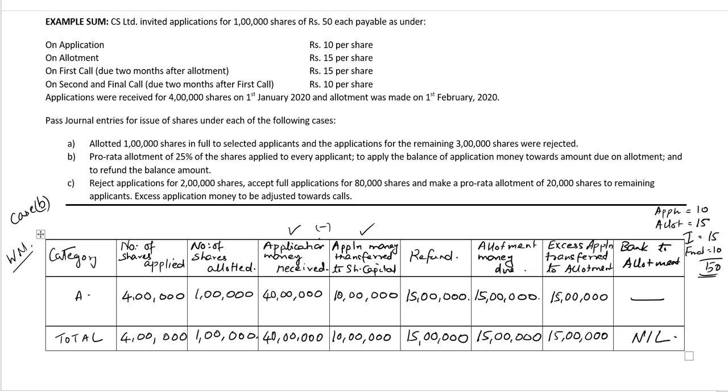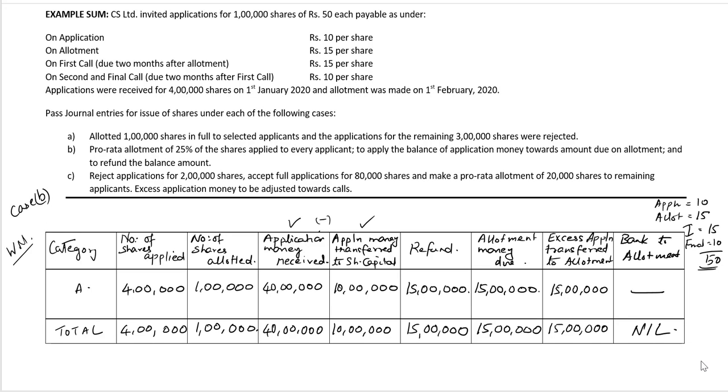So we don't need the question anymore. We just need the table. One last thing that we need to include, we will just write the dates down. The application money was received on 1st January 2020. The allotment was due on 1st February 2020.